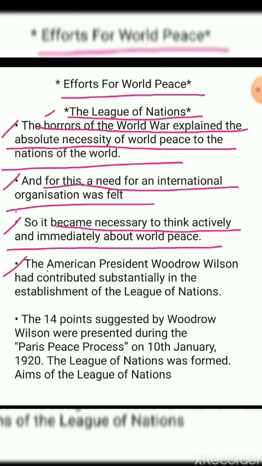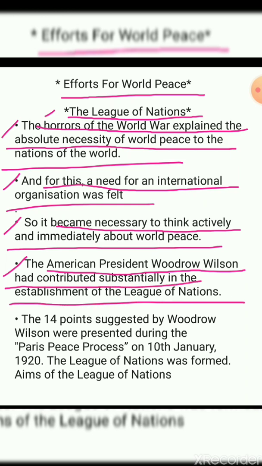Next, the American President Woodrow Wilson contributed substantially to the establishment of the League of Nations. He contributed a great deal.